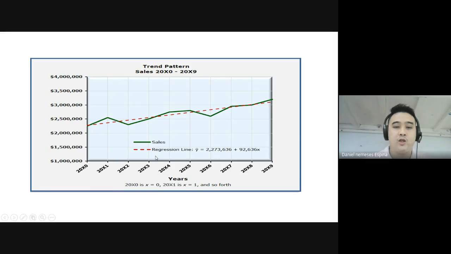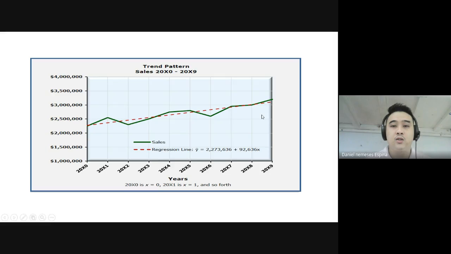So if you can come up with the regression line, you can do some predictions. You can use it to predict, let's say, the data in 2020 or 2021 perhaps. But of course, the projection is based on the historical information, so the circumstances in the past may be different in the future.